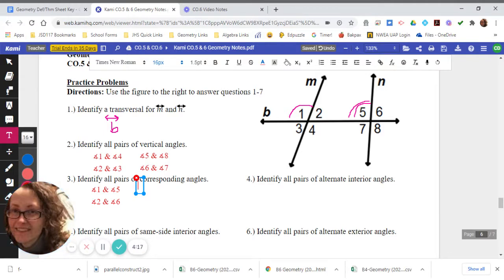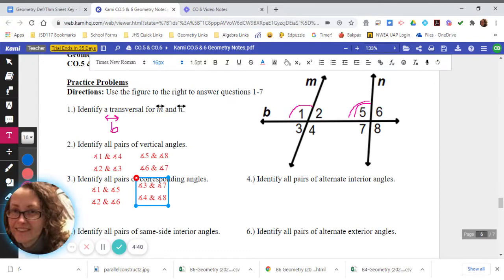So looking at angle 3, its corresponding angle is angle 7. And angle 4 has a corresponding angle of angle 8.